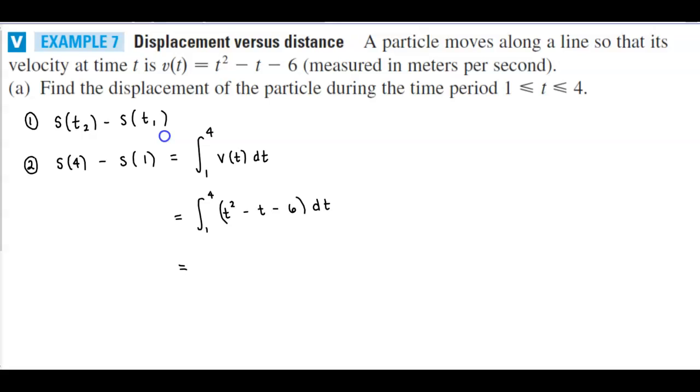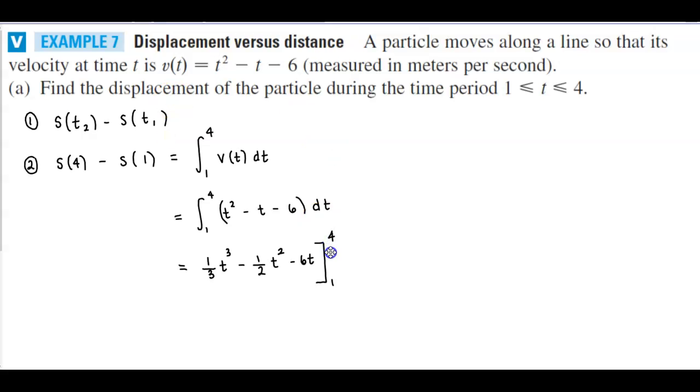If we find the antiderivatives of each term, we know that this is going to be 1/3 t cubed minus 1/2 of t squared minus 6t, and we can evaluate this going from 1 to 4.